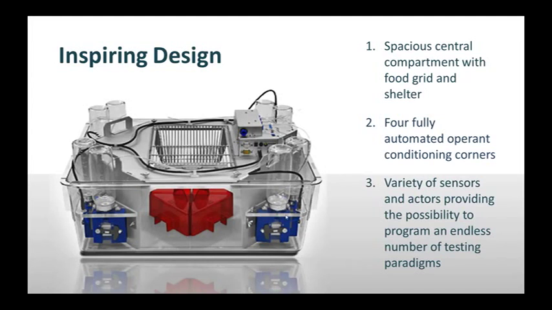Each of the 4 identical operant conditioning corners accommodates only one single mouse at a time, and liquid reward can be provided in the corners. A variety of sensors and actors provide the possibility to monitor the animals and program different behavioral paradigms.